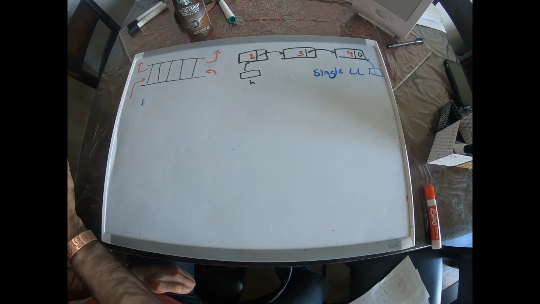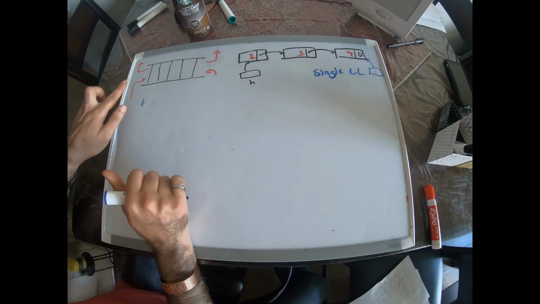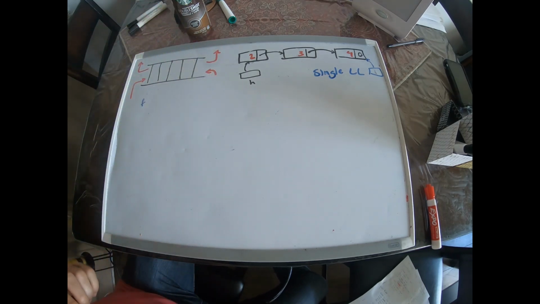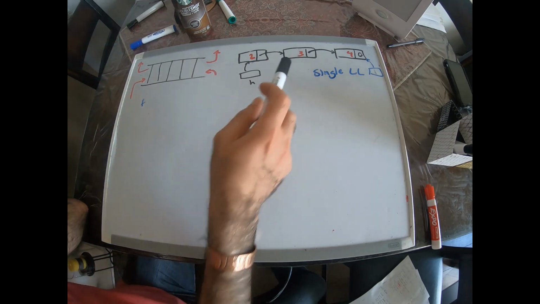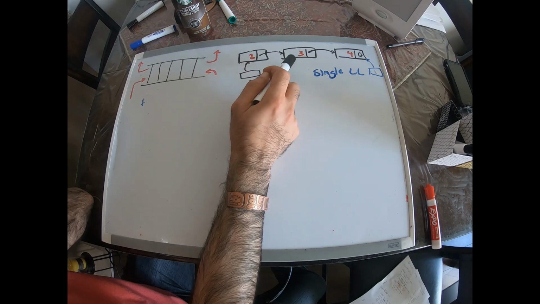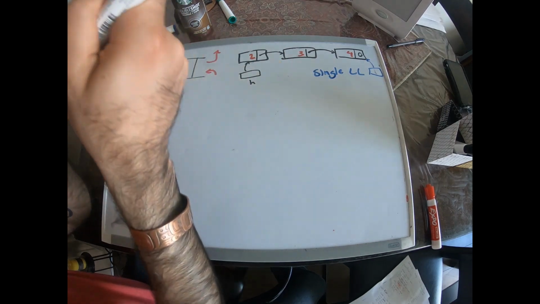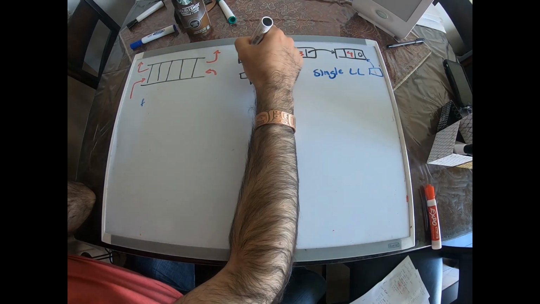Sometimes we have to go from right to left, if we are inserting from the front and removing from the rear, for example. So in order to implement deques using a linked list, a single linked list would not work for us. We have to use what is called a doubly linked list.